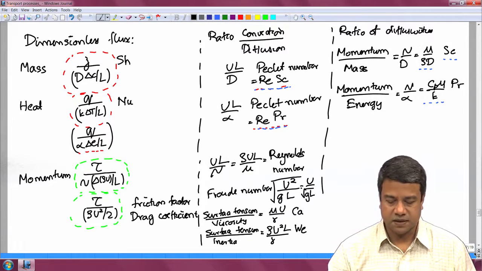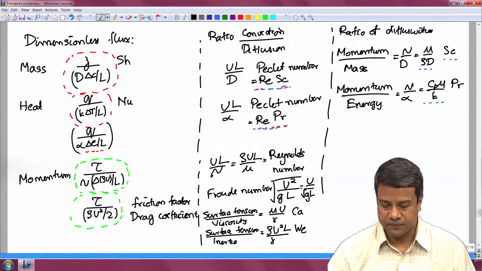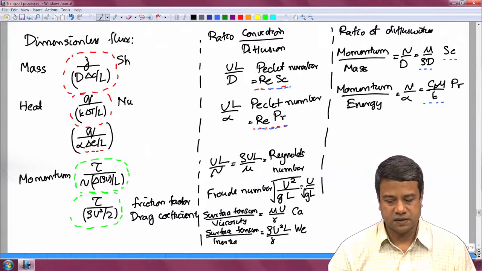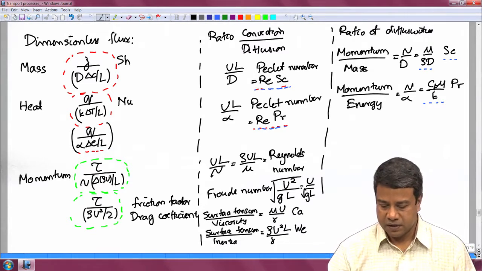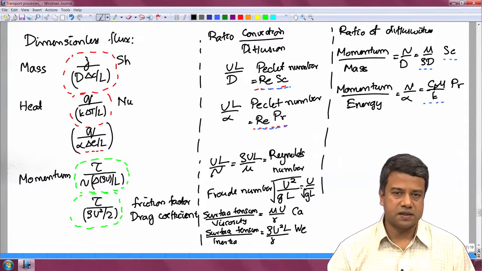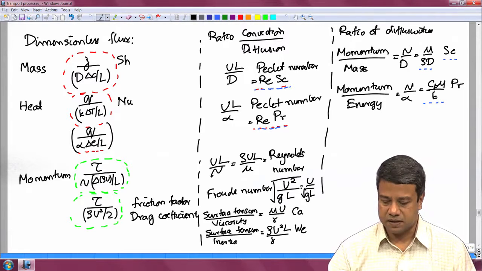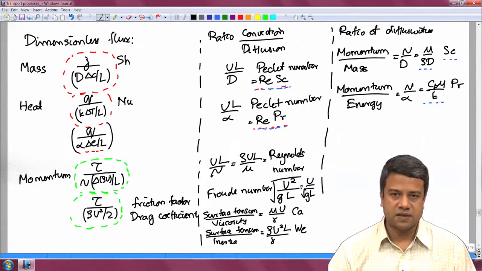Whereas mass and heat flux are non-dimensionalized by the diffusive non-dimensionalization, the ratio of the flux and the right side of the constitutive relations, D delta c by L or k delta T by L, the momentum flux is traditionally scaled by the kinetic energy density. It is scaled by inertial scales rather than by viscous scales, whereas mass and heat are scaled by the diffusive scales. That is the way that the momentum flux is traditionally defined.